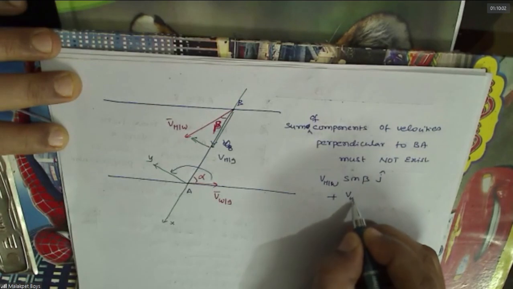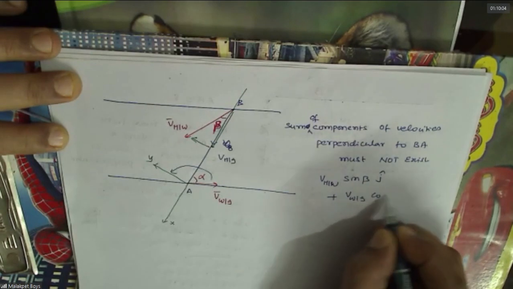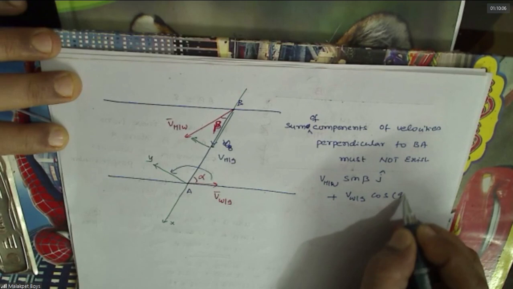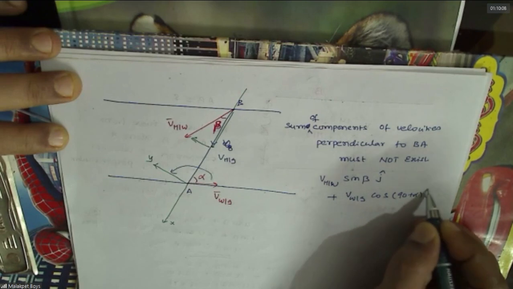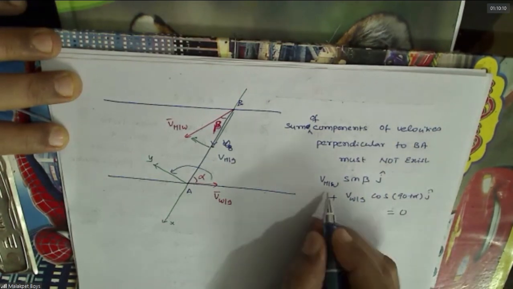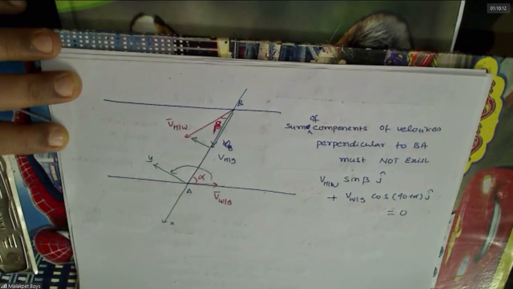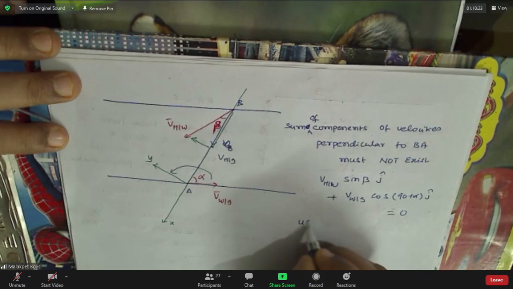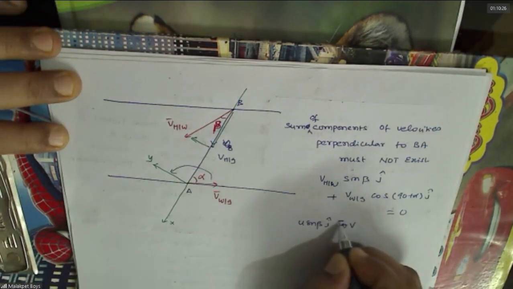This is also water with respect to ground, cos how much? 90 plus alpha in the direction. This is 0. Man with respect to water, how much is he given? VR. Man with respect to water is U. This is V.